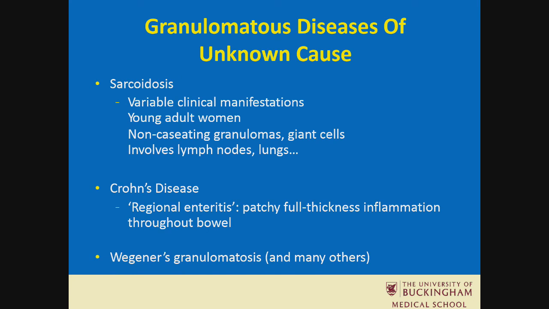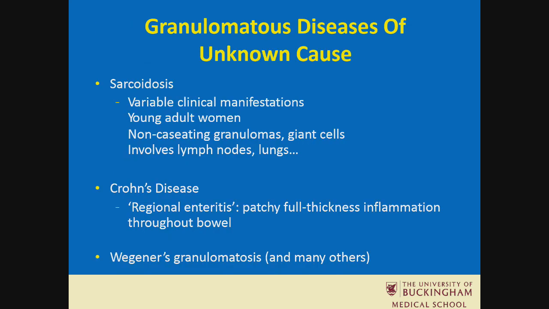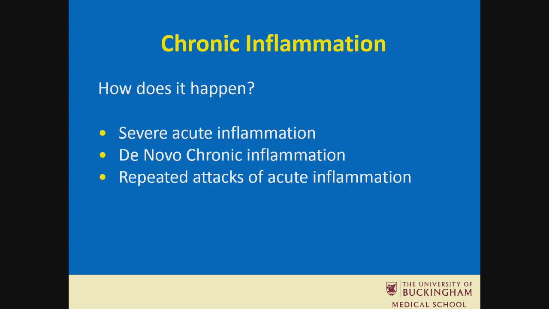It can affect other organs like the liver, and all the other organs can be involved. Then Crohn's disease we have already discussed. In Crohn's disease there may or may not be granuloma. Then Wegener's granulomatosis is a type of vasculitis, and it is an unusual disease.